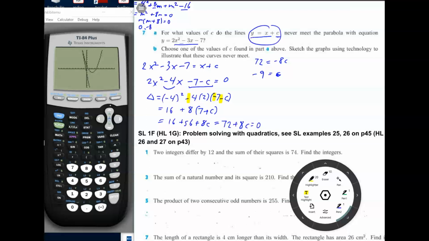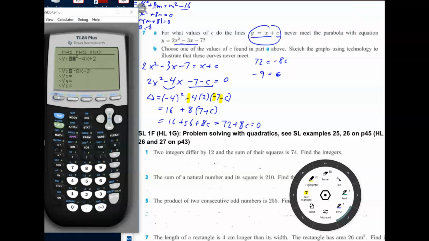So let's test that. We're going to put it in the calculator. So we're going to put 2x cubed minus 3x minus 7. And then the line is x plus c, or x minus 9.